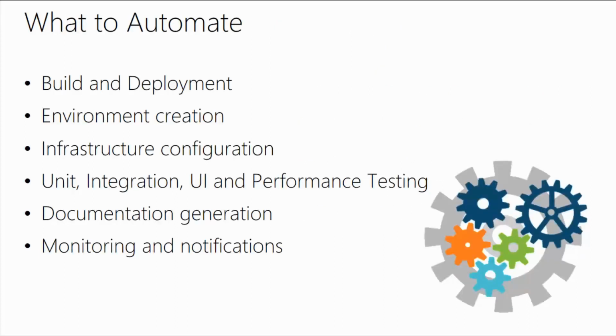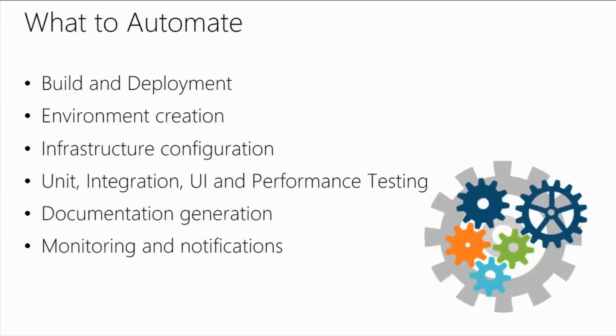What to automate is an important question. The build and deployment, right? So you need to automate the entire process from build to deployment phase. The environment creation is very important. Once again, you need to be able to automate that environment. Infrastructure configuration, unit, integration, UI, and performance testing also needs to be automated as much as possible given the underlying conditions or your scenario.